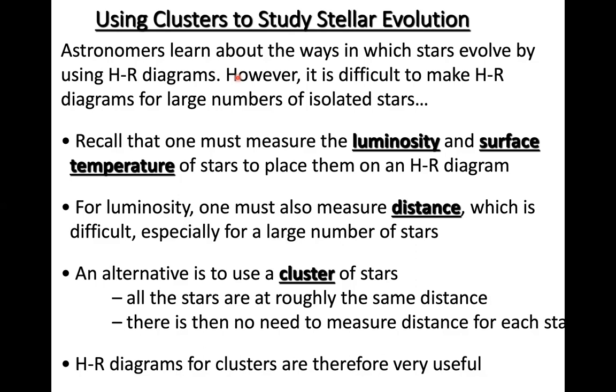So that is one advantage that we have when we use star clusters to make an HR diagram, right? And because of that, you can see that these star clusters are very useful when we make HR diagrams, because you don't have to measure the distance to each and every star, right?